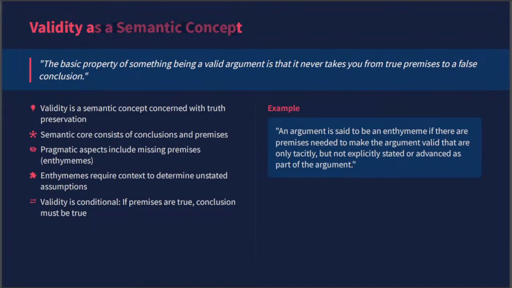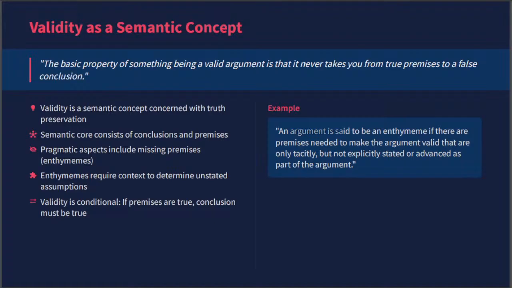So here we go. Validity as a semantic concept. The basic property of something being a valid argument is that it never takes you from true premises to a false conclusion. So right there, it never would take you from true premises to a false conclusion.